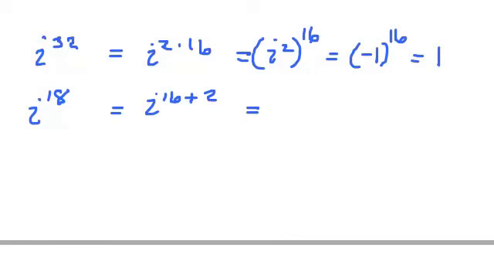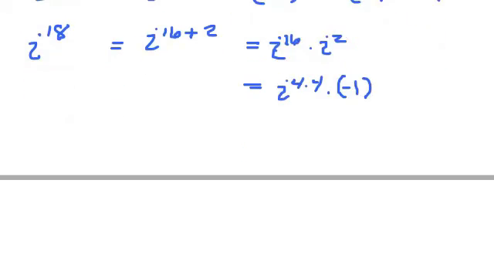In the power, we can actually break this up as i to the 16th times i squared. And then, of course, this one right here can be broken down to, let's say, i to the 4th times 4 times, now what is this? This is just negative 1. Let's just write that there. What the heck, right? Let's just do that.